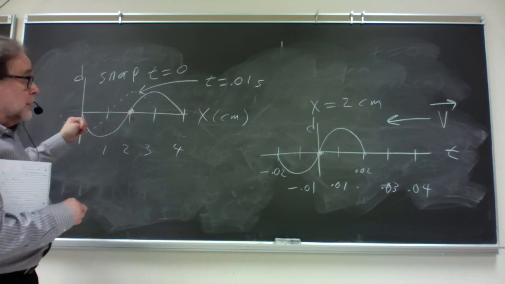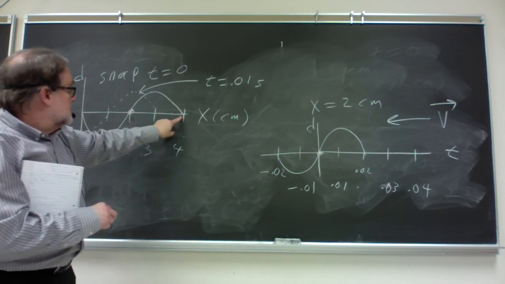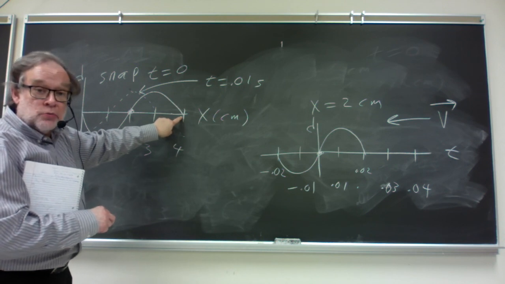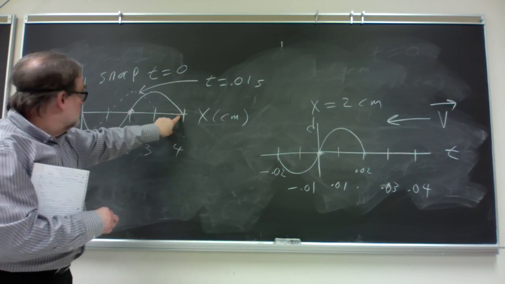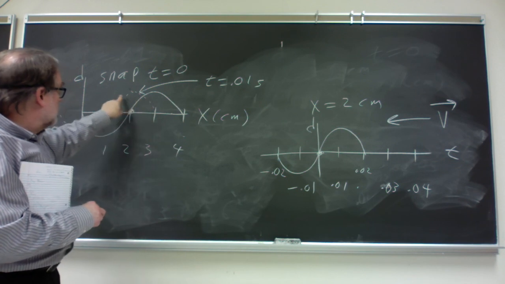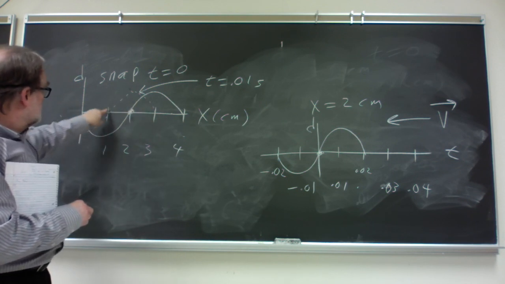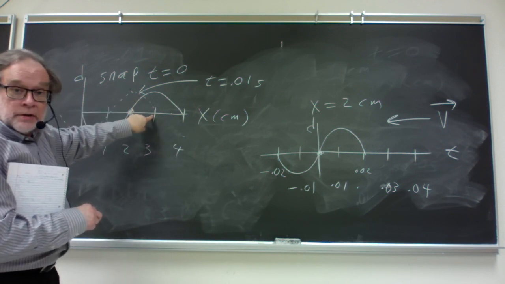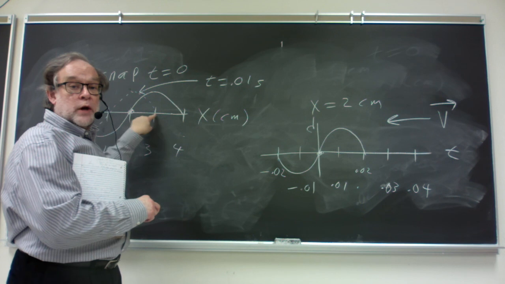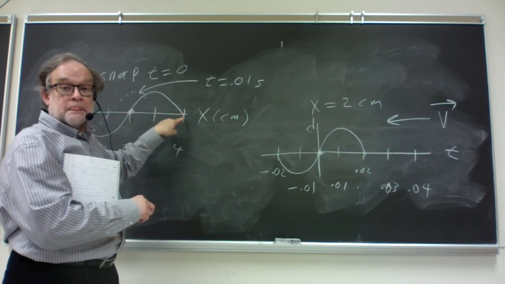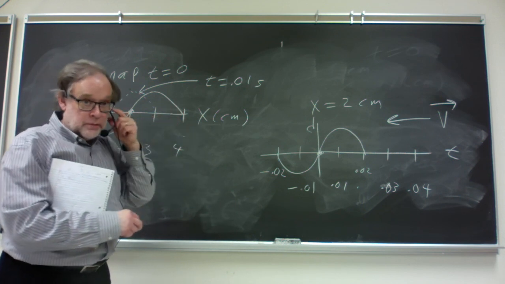In 1/100th of a second, the back end of the pulse moved to the left from here to here, right, at 1/100th of a second. The back end of the pulse is 1 centimeter away from where it was 1/100th of a second earlier.